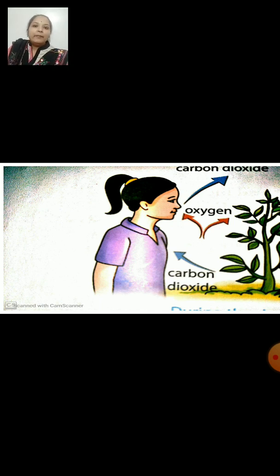Because we are breathing. When we take the air inside, the chest goes up. When we breathe out the air, the chest goes down or it comes back to its normal position. That's because we are breathing. So living things breathe.